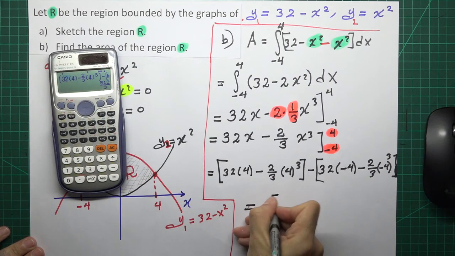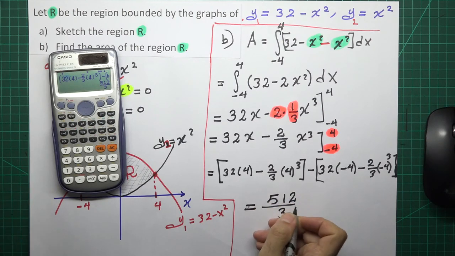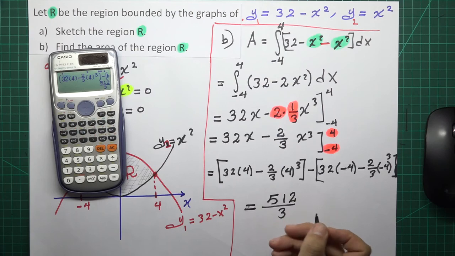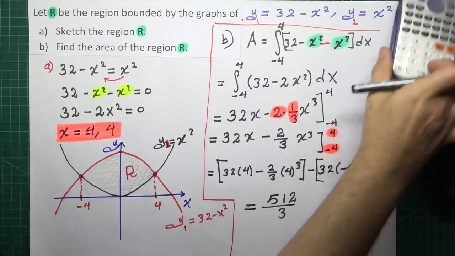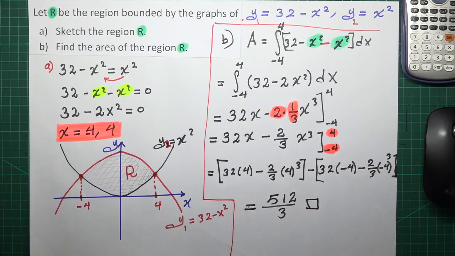So it is 512 over 3, of course square units, maybe centimeters, kilo, who cares, finish. This one is done, students.